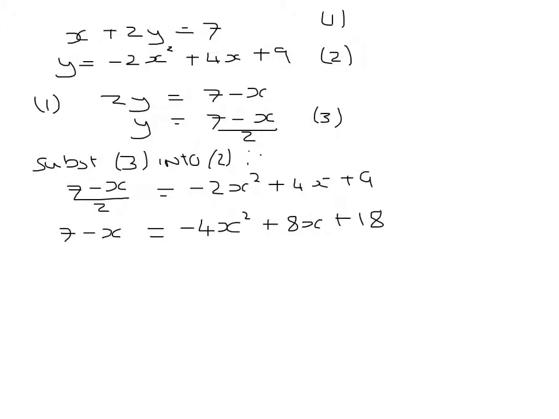Again, we have a quadratic, and as I don't like factorising with negative x squared, I'm going to get everything on the left. So we'll end up with 4x squared minus x minus 8x is minus 9x. 7 minus 18 is minus 11 equals 0.